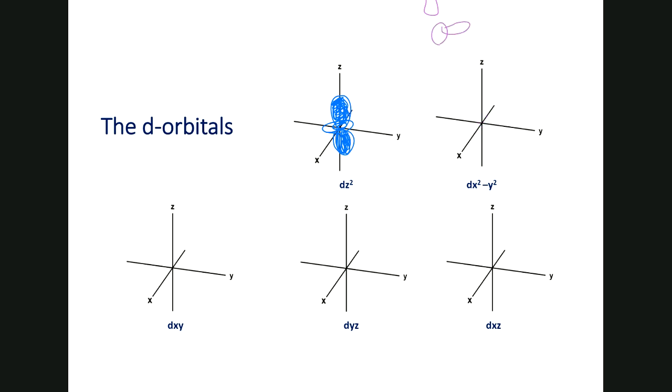For dx squared minus y squared, it's going to be directly on the x and y axes, right?